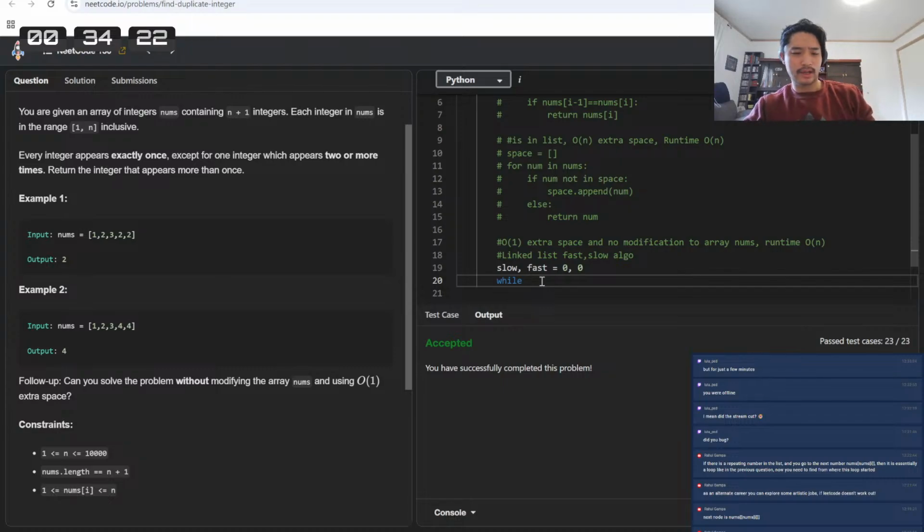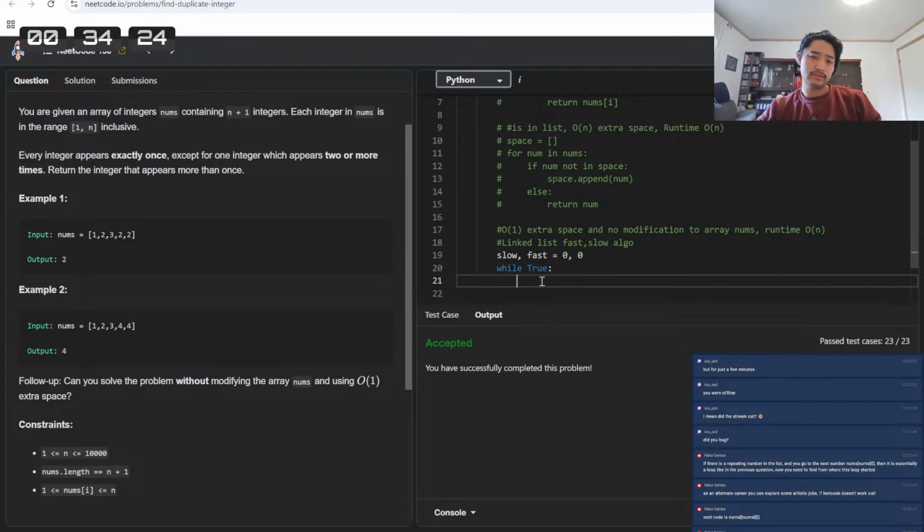Yeah, I can just set it as true. Just like the way Leetcode did it. So slow would be equals to nums of 0.